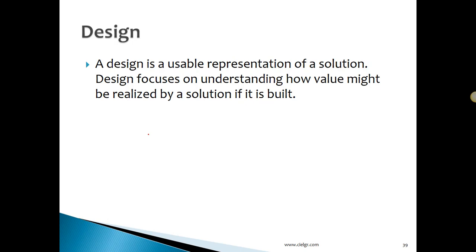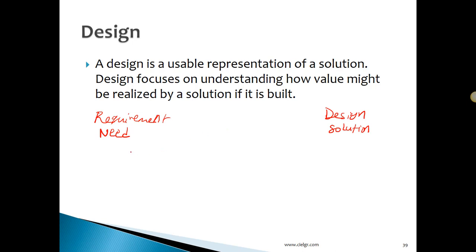So if you take a look at the two definitions for requirement and design, you'll notice that to a large extent, there's a huge similarity between requirement and design. We define requirement as a usable representation of a need, and then we define design as a usable representation of a solution. Now, one key thing is that both of them are elicited, in other words, gathered, collected, and defined in the same way.